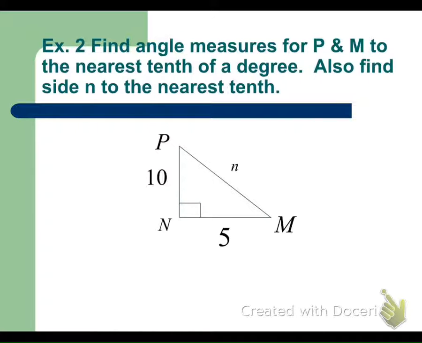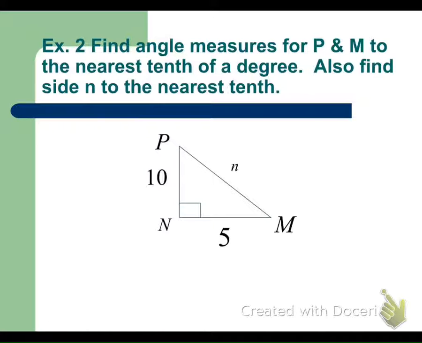Which sides do we have in reference to angle P? So which side is the 5 on? Is it on opposite, adjacent, or hypotenuse? It's on opposite. What side is the 10 on? Adjacent. Which trig function deals with opposite and adjacent?